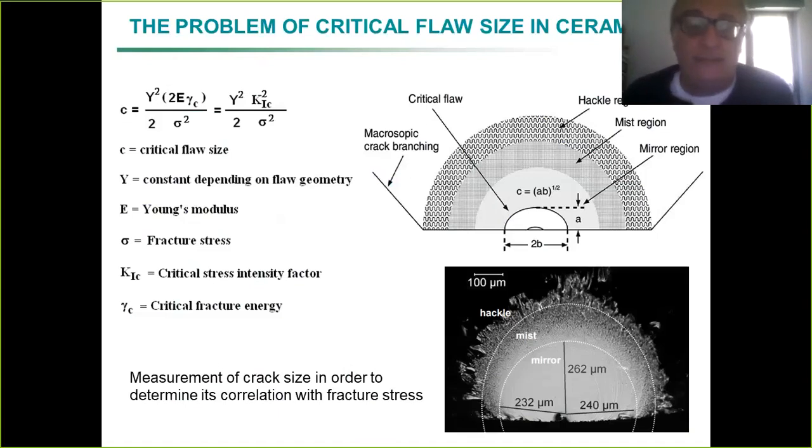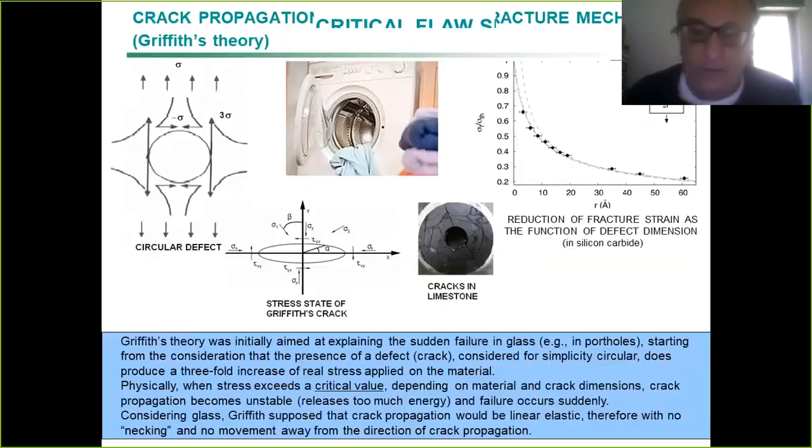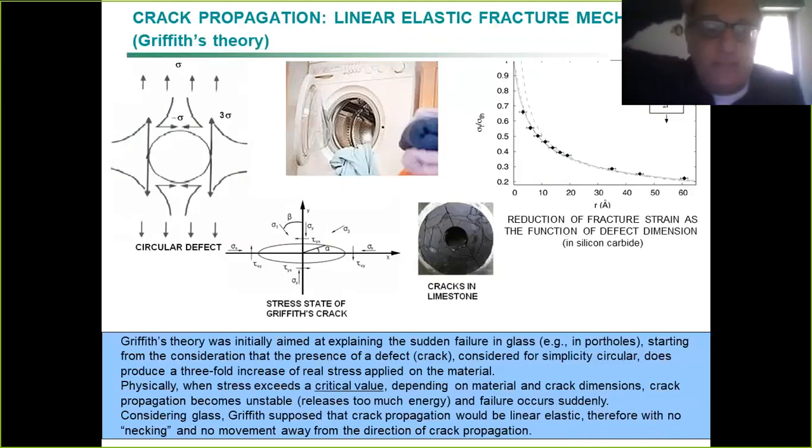In particular, there is the Griffith theory, which is very important. Griffith was a Navy engineer, and was involved in the disaster which happened with the Titanic ship in its first trip, which was 1912, and he started working on that in 1915.